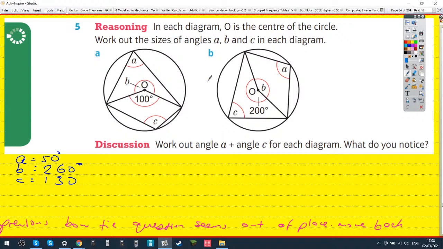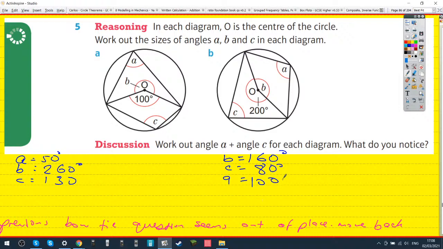Yeah. And C is 80. Mm-hmm. And A is 100. Yeah.